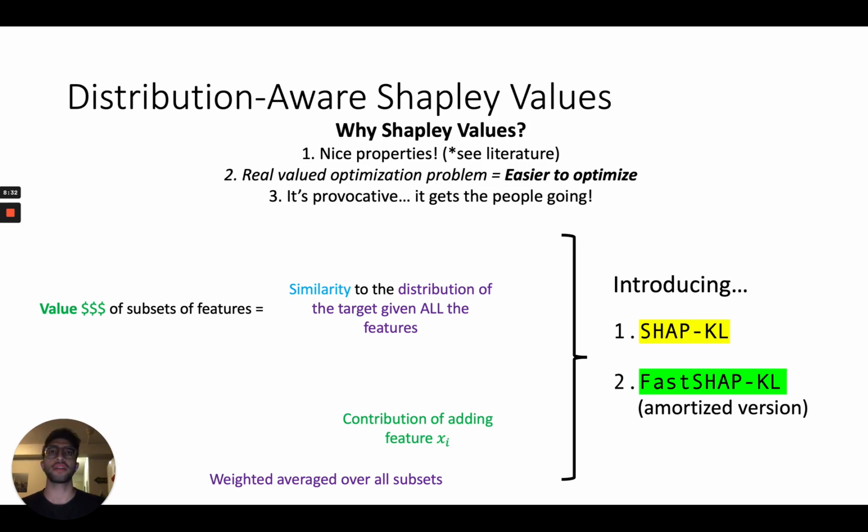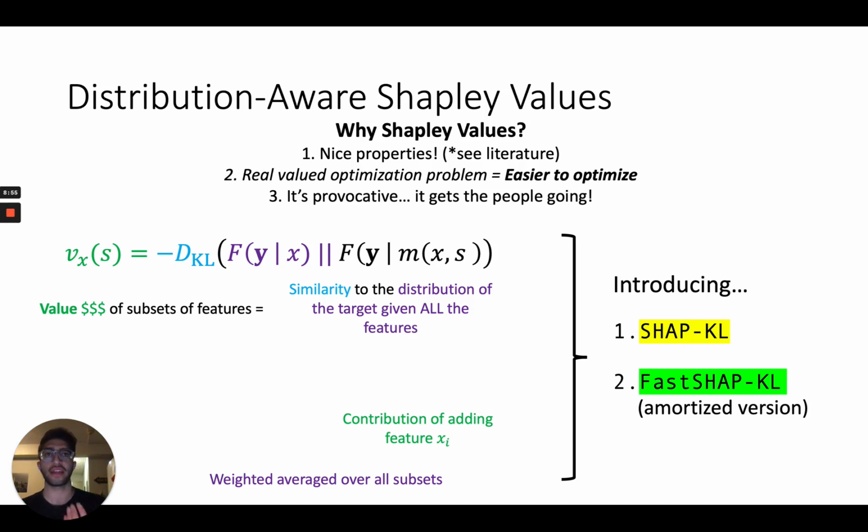Instead, we propose explanation methods that generate distribution-aware Shapley values. One, because they have a bunch of established neat properties that make them good explanations, and two, their objective is easier to optimize. Shapley values are estimated by first establishing how a given subset of features are valued. To make it distribution-aware, we propose using the KL divergence between the distribution of the target given the full feature set and that given only a subset of features.